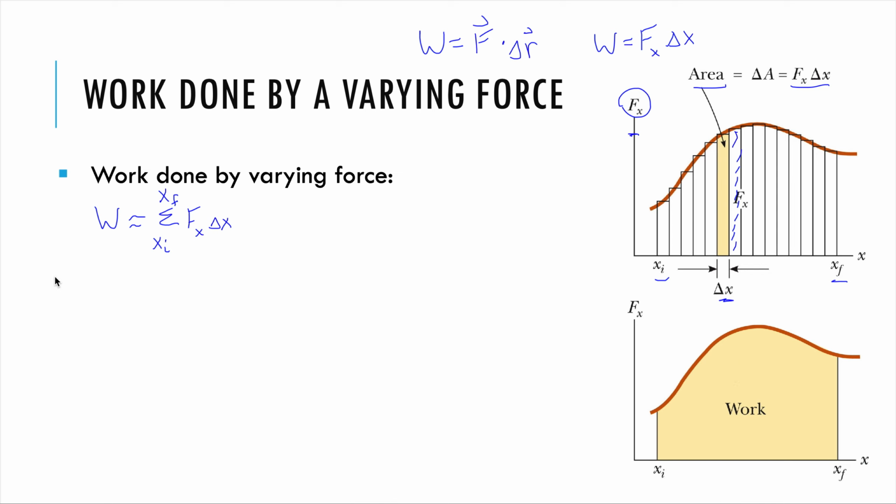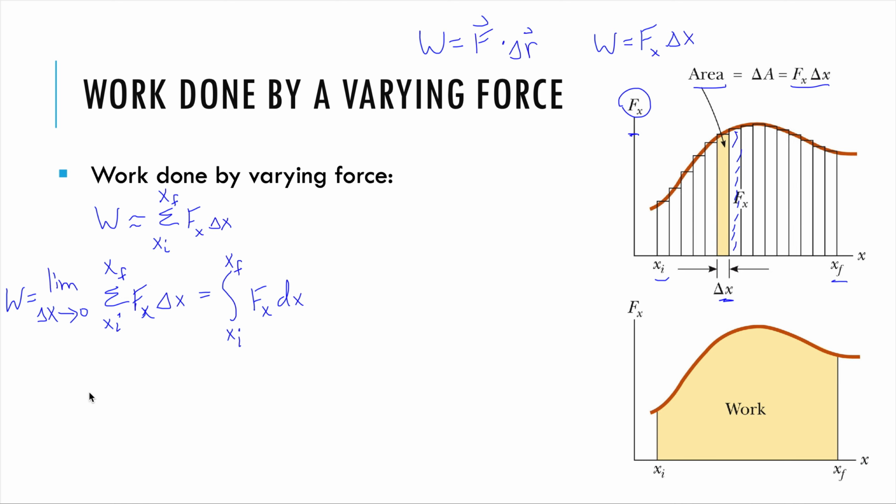So what we're going to do is take the limit as the width delta x approaches 0 of our summation of Fx delta x, and that's going to be the integral Fx dx from x initial to x final. So to find the work, we just have to take the integral of Fx dx.